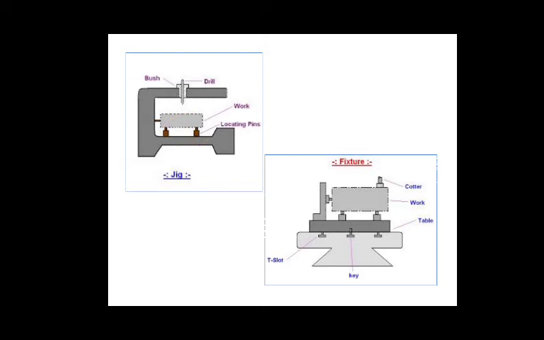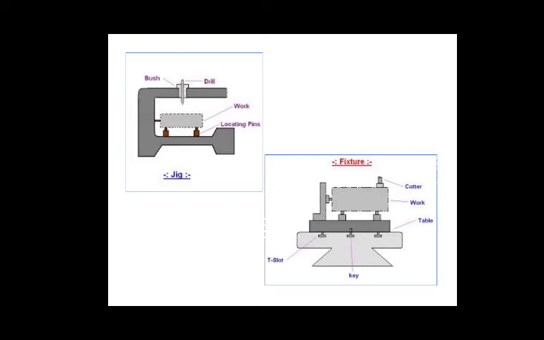On the other side, a fixture is a work holding device which only holds and positions the work, but does not involve itself in guiding, locating or positioning the cutting tool.